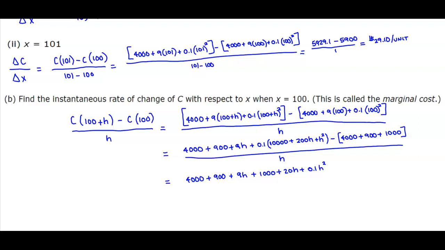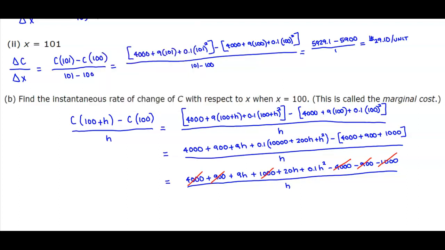Now we can either combine those values inside the brackets or just distribute the sign and then see what we can actually simplify in the numerator. So if we distribute the negative, this gives us negative 4,000 minus 900 minus 1,000. And then we're going to divide that by h. Now let's see what we can simplify. Well, 4,000 and negative 4,000 gives us 0, 900 minus 900 gives us 0, 1,000 and negative 1,000 also gives us 0.